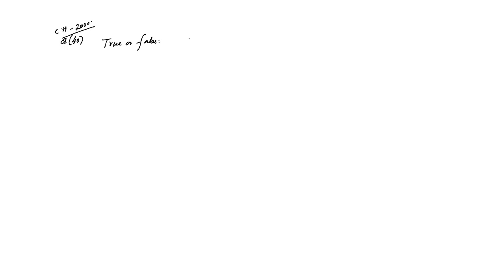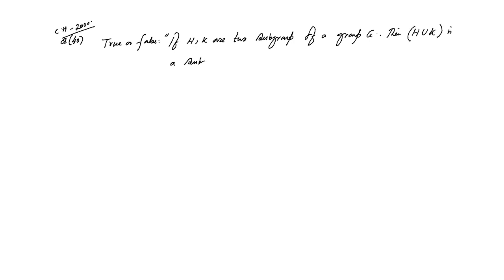If H and K are two subgroups of a group G, then H union K is also a subgroup of G. Initially I took the intersection, now the union. And again you will see the statement is false.